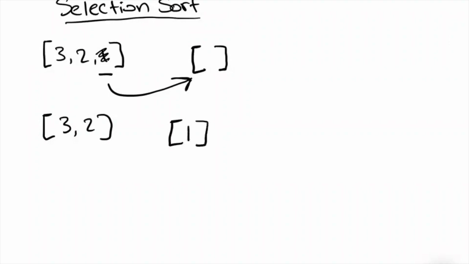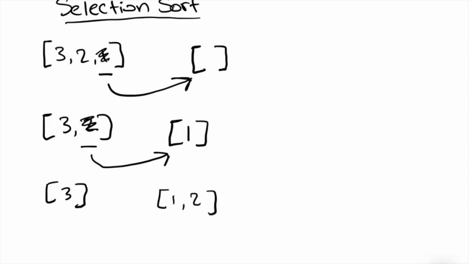1 so far. On the second iteration, we check for the least value in our unsorted array again, and now it's only going to be 2 because 1 was already moved out. And we append 2 into our sorted array, and we're left with 3 because 2 is then deleted from our unsorted array. So we have 3 there, and we have 1 and 2 in our sorted array.